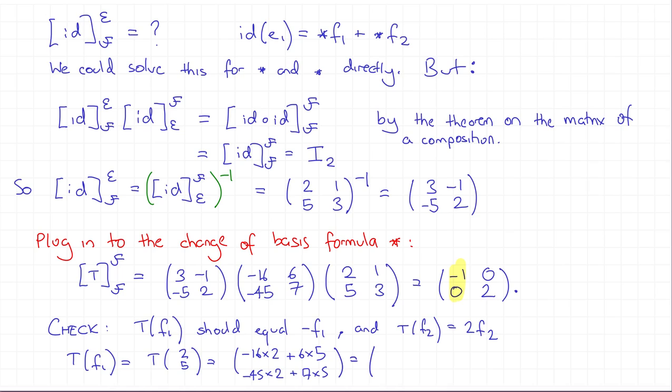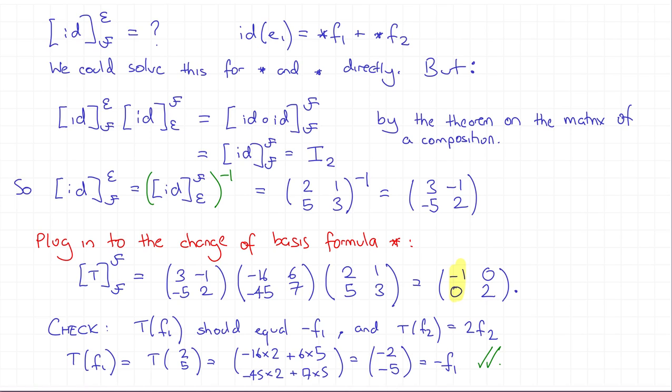If you work that out, you can see that you really do get minus 2, minus 5, which is minus F1. So it looks like we've managed to do this without making a mistake. And similarly, if you check T of F2, you'll find that you really do get 2 times F2. So our calculations here are correct.